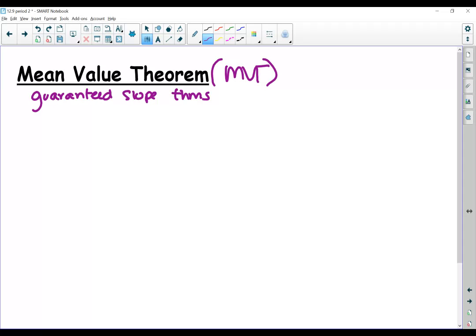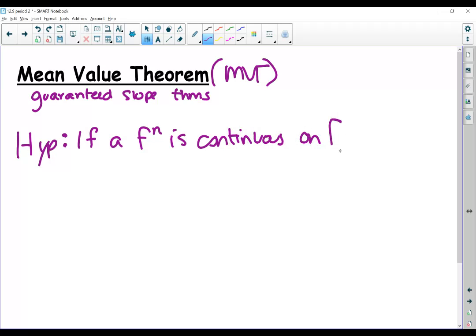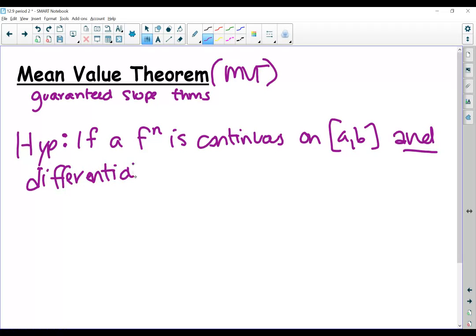Okay, so what the hypothesis is: if a function is continuous on a closed domain, so I'm going to say on [A, B] brackets, and differentiable on the open interval (A, B), because we don't talk about slope at endpoints. That's confusing for everybody. Then here is what we can conclude. Here is the guarantee.